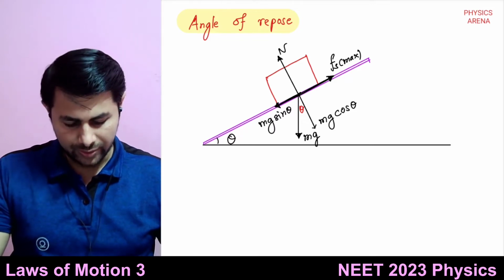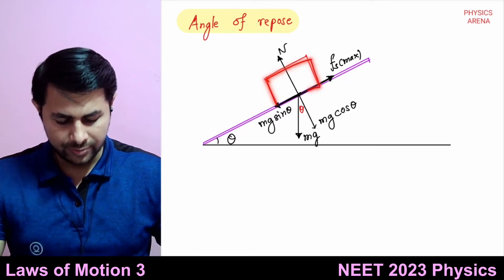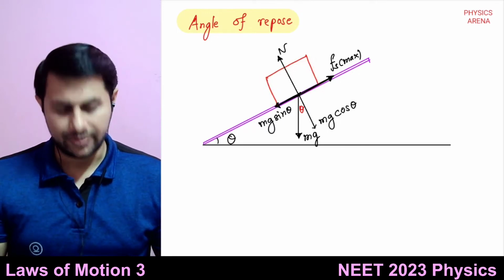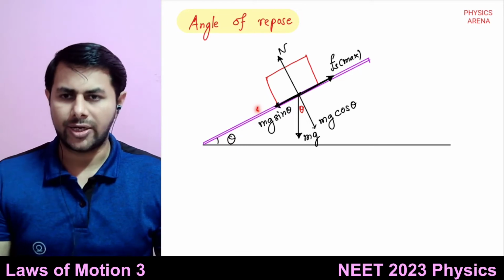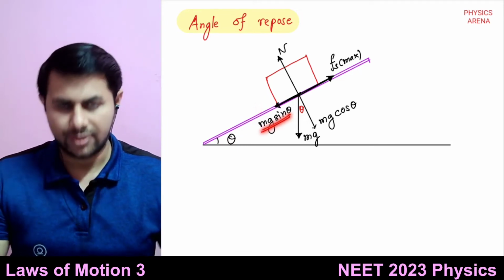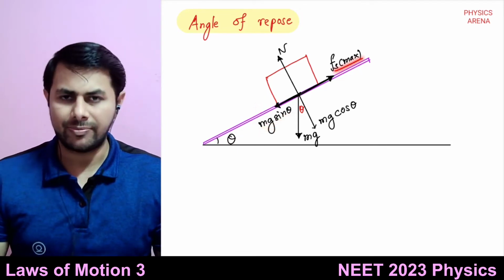Okay, so now because block just begins to slide on this plank, what can I say? Mg sin theta will be just equal to the fs max.